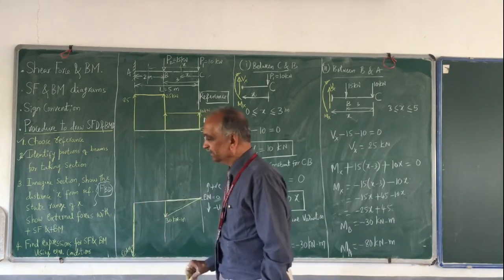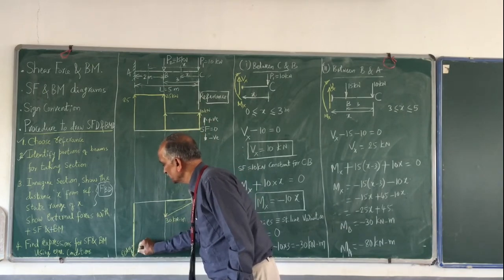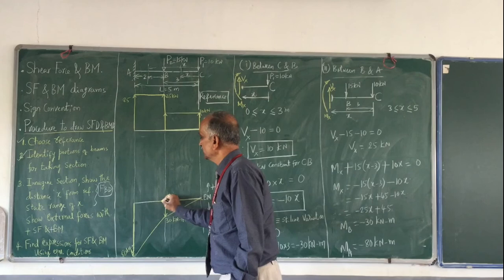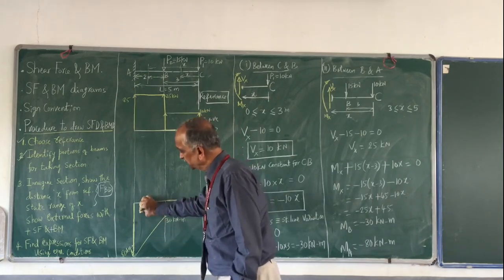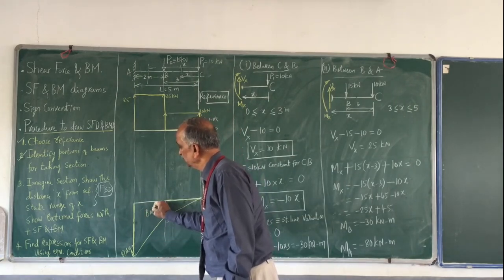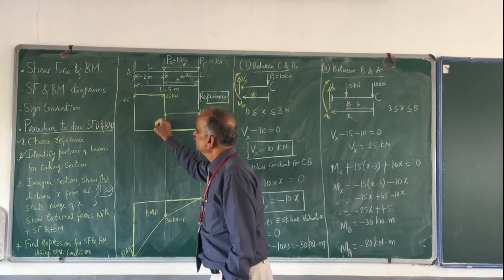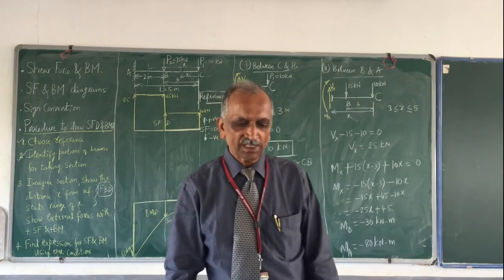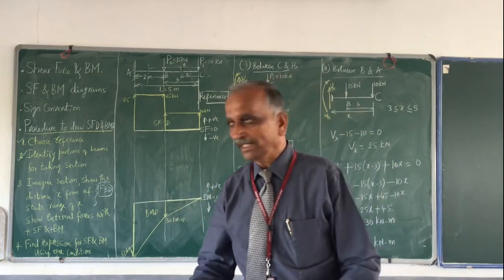How is the variation in between? It is a straight line. And this is what you call the BMD, and this is the SFD. So this is how we draw what is called the shear force and bending moment diagram.